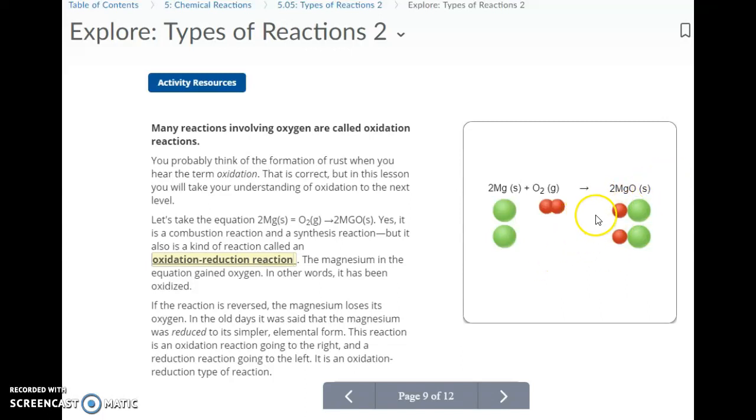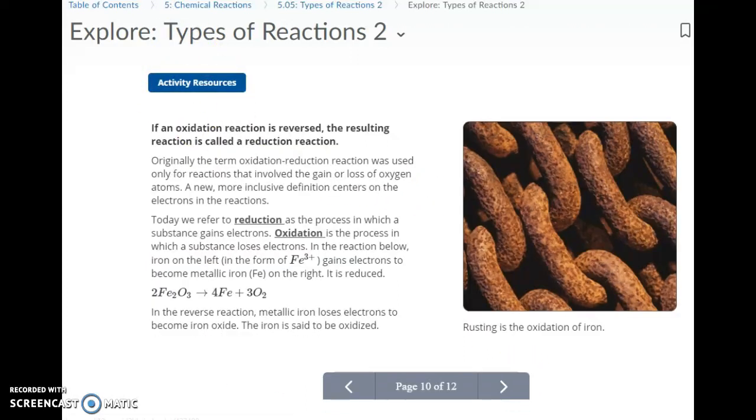So less oxygen, it's reduced to its simpler elemental form. This reaction is an oxidation reaction going to the right, but if it goes the other direction, to the left, and becomes a decomposition reaction, then it would also be a reduction reaction. So it all depends on which way the arrow is going, if it's an oxidation or a reduction. Some more about this in part 2.